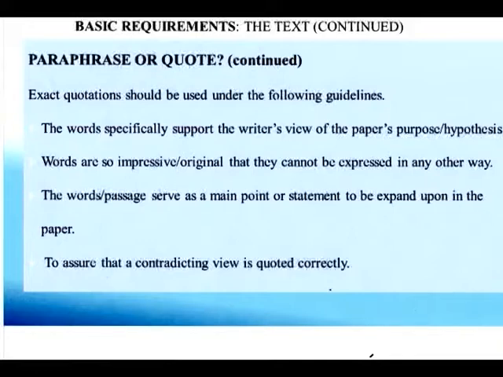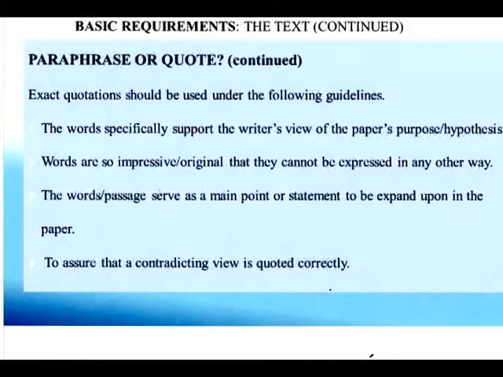Okay? Number three, the words in the original source are so impressive and original that you just cannot express it in any other way. Then you want to quote it. Number four, the words express your ideas so precisely that it will serve as a main point or a statement that the paper's discussion expands upon.